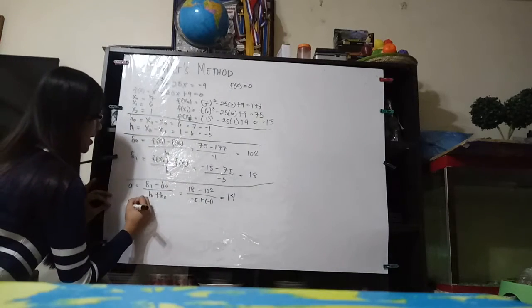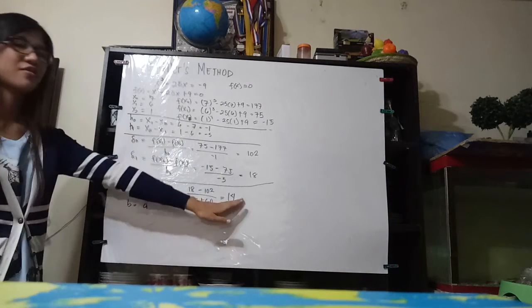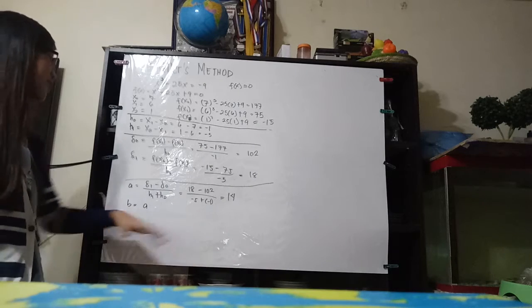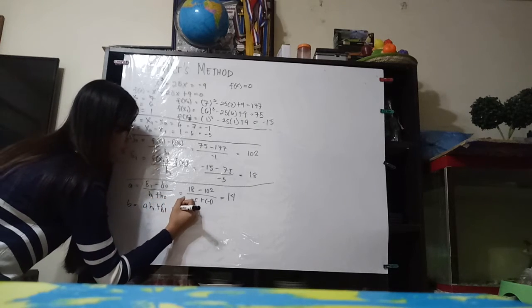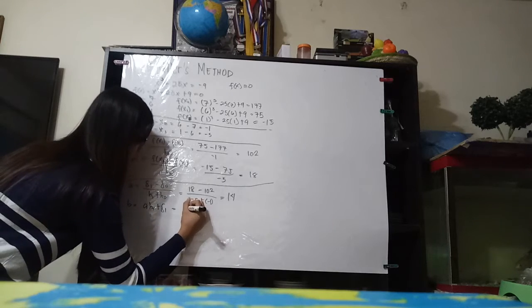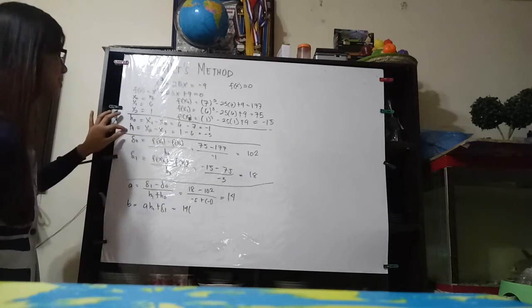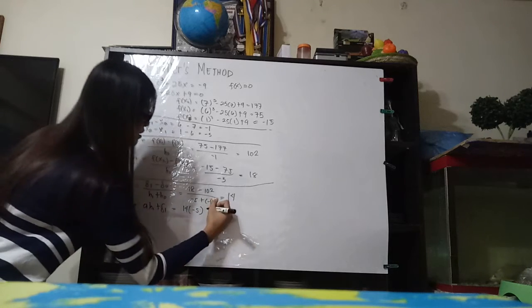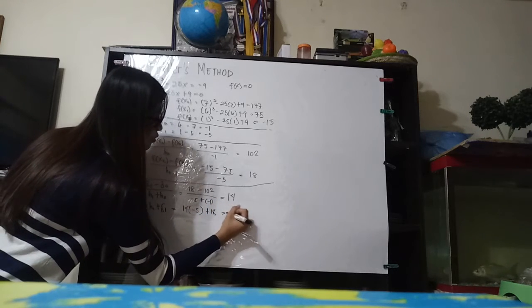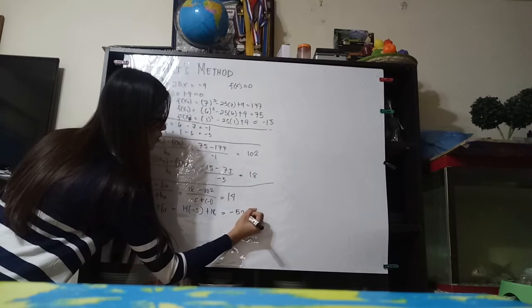For our B, it would be A times h1 plus sigma 1. Our value of A here is 14, so 14 times negative 5 plus our sigma 1, which is 18, that would be negative 52.